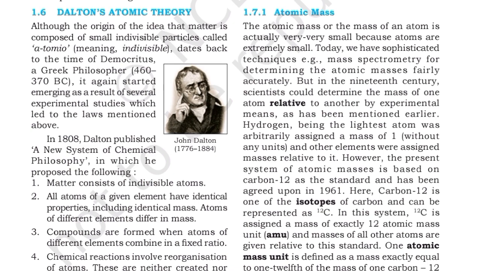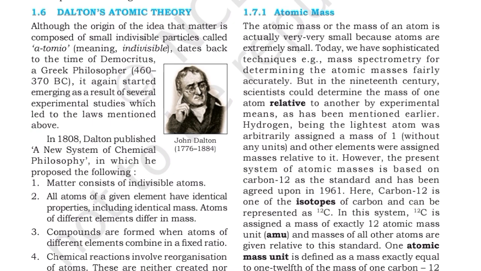However, the present system of atomic masses is based on carbon-12 as the standard and was agreed upon in 1961. Here, carbon-12 is one of the isotopes of carbon and can be represented as C-12.